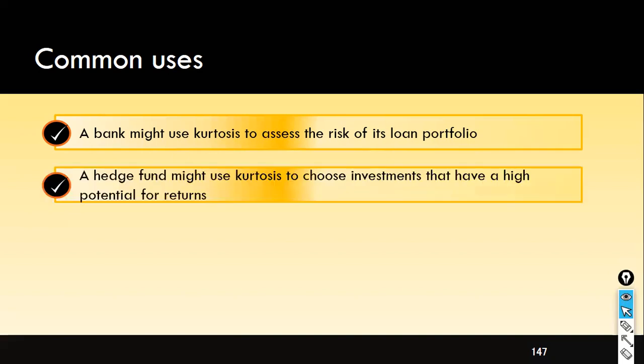In the case of a hedge fund, the hedge fund might use kurtosis to choose investments that have a high potential for returns, but also a low risk of extreme losses. With that we can make a go no go decision, whether I can go ahead and invest in this specific hedge fund or not. By looking at the distribution itself, you can decide. And also a regulator might use kurtosis to set limits on the amount of risk the financial institutions can take on.